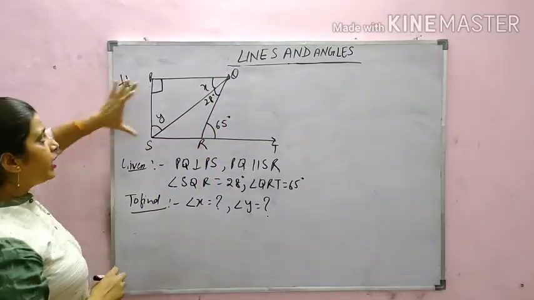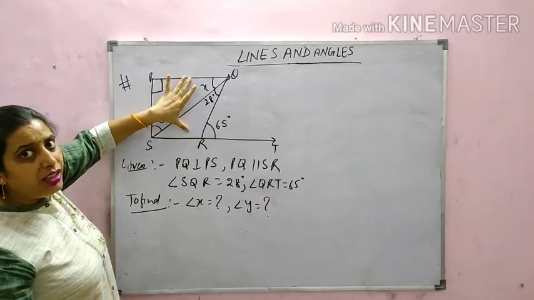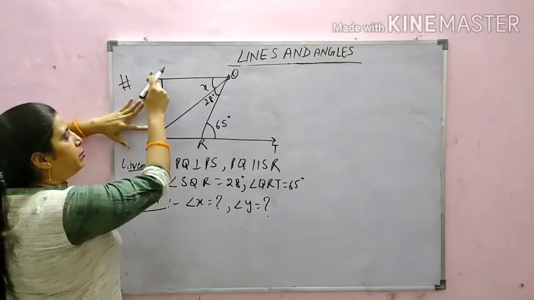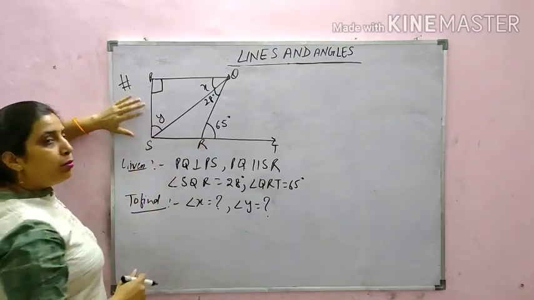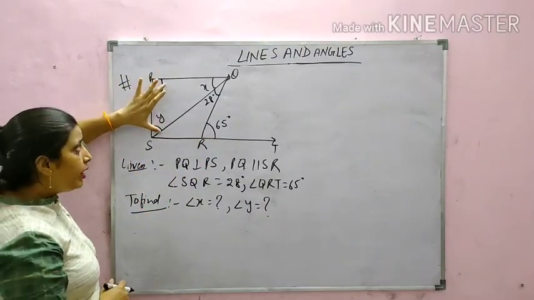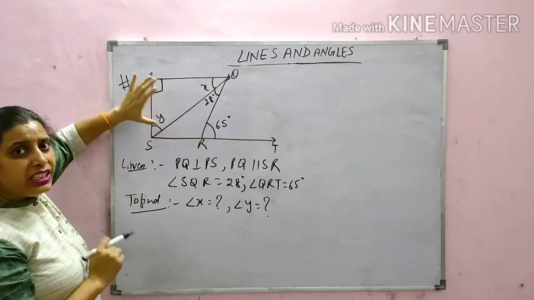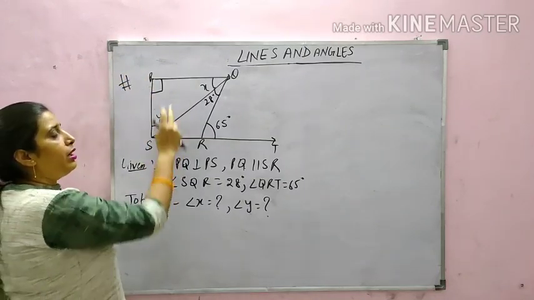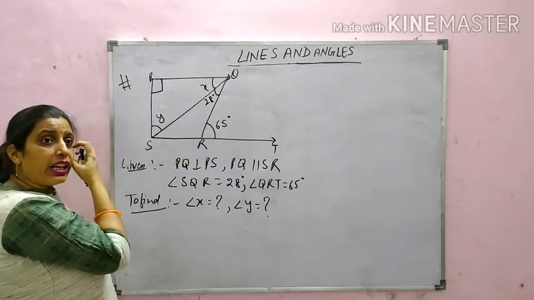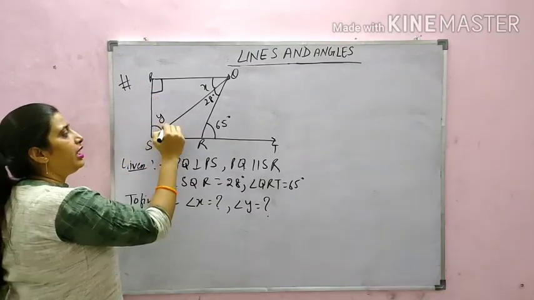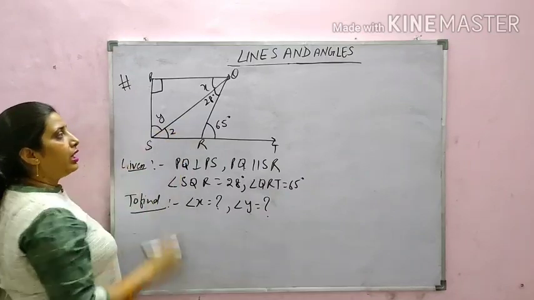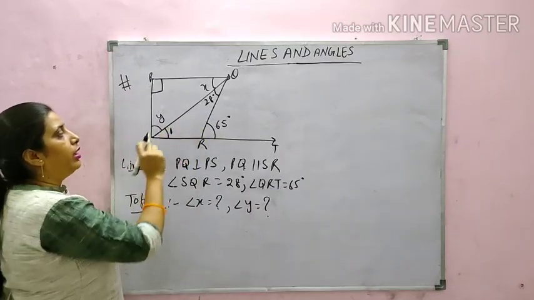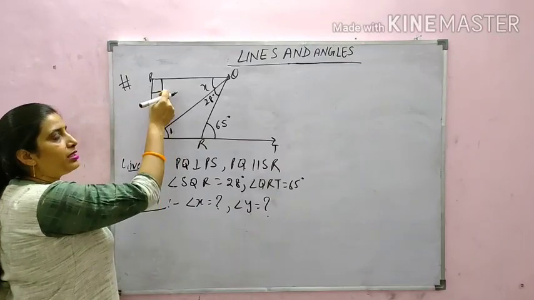Now see, if these lines are parallel, it means angle QPS and angle PSR both are acting as co-interior angles. Clear? Because these two lines are parallel, these are co-interior angles. That means this angle and this angle. Angle 1, sorry, I am taking as angle 1. Y plus 1 plus 90 degree.